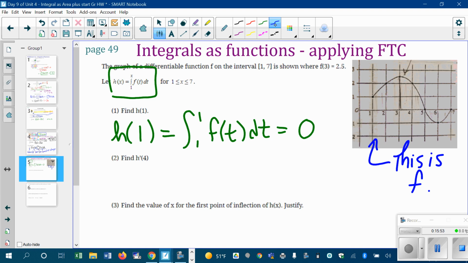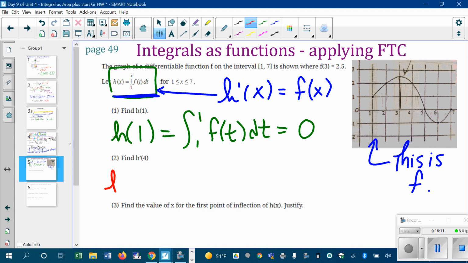Okay, now in the next bit, I need to bear in mind that if I were taking the derivative of this function with my independent variable in the bound, think about fundamental theorem part 2, h prime of x is f of x. Oh, so this picture is also of h prime. Good to know. So if I'm finding h prime at 4, I am finding f at 4, and this is a picture of f.